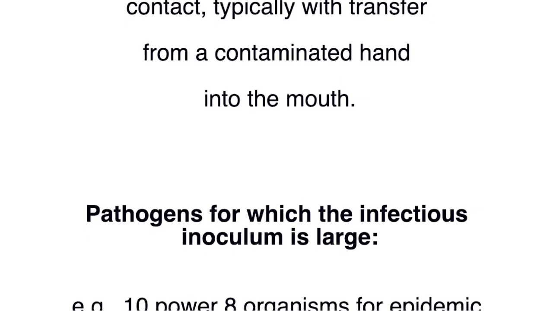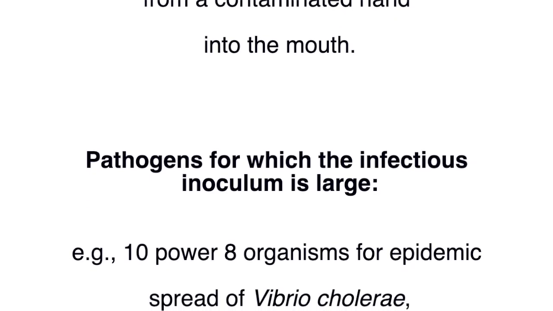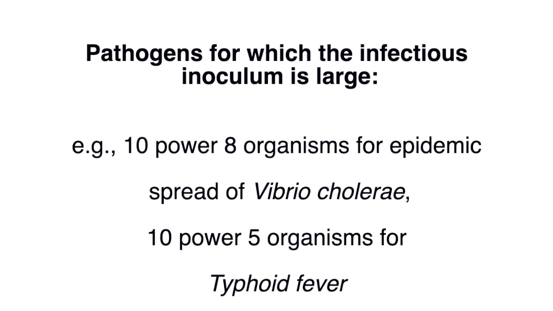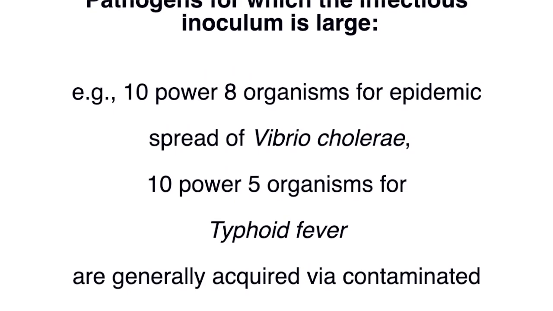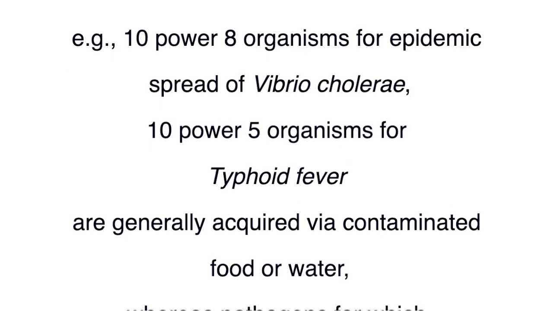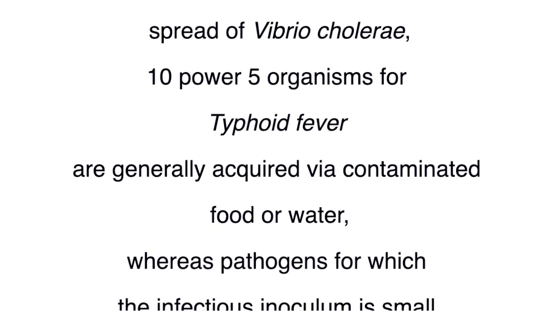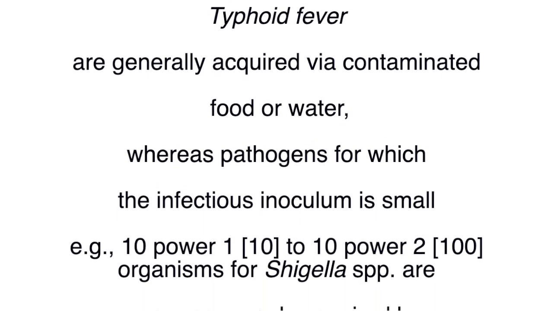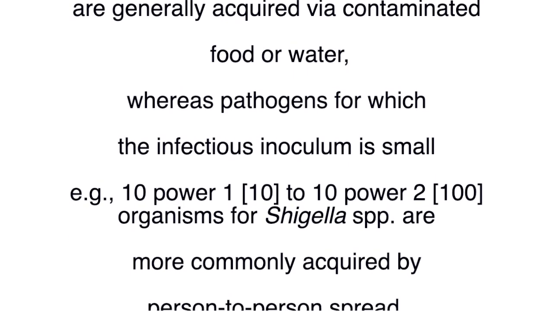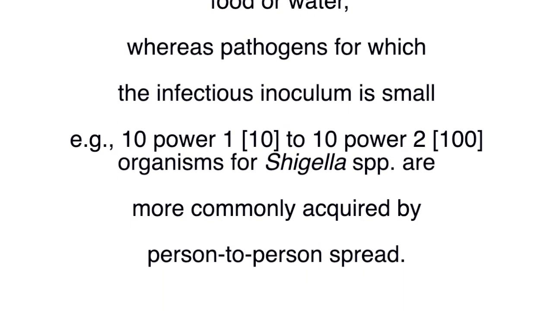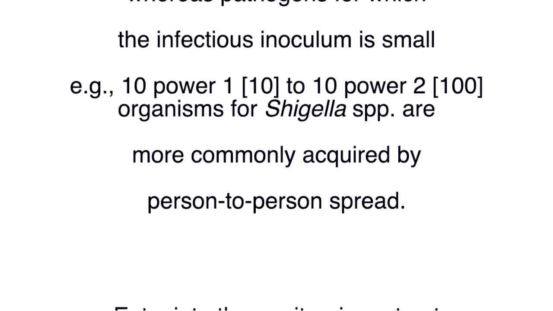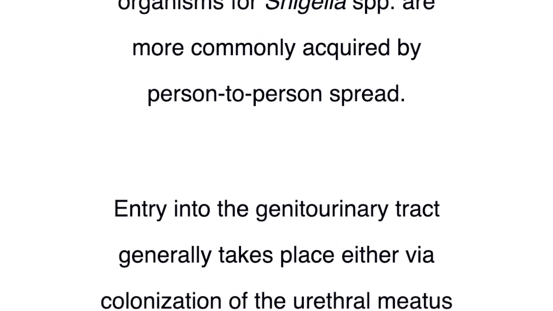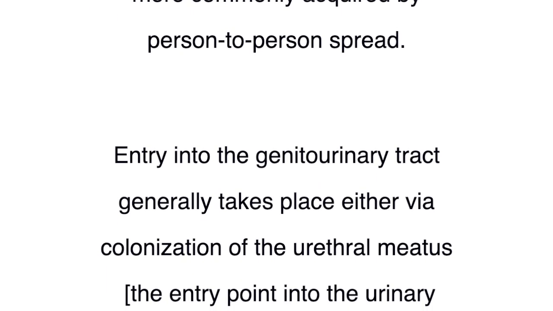Pathogens for which the infectious inoculum is large, for example 10^8 organisms for epidemic spread of Vibrio cholerae, 10^5 organisms for typhoid fever, are generally acquired via contaminated food or water, whereas pathogens for which the infectious inoculum is small, for example 10 to 10^2, that is 100 organisms for Shigella species, are more commonly acquired by person-to-person spread.